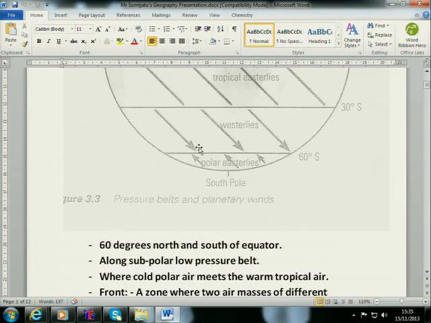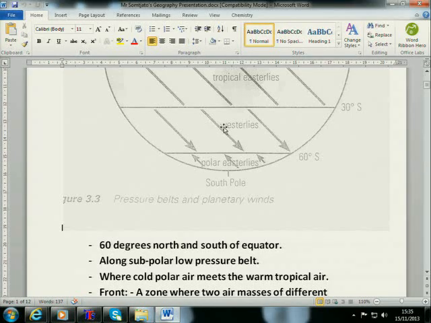This is where the two air masses with different temperatures meet. We have the cold polar air, the air from the South Pole, which is the polar easterlies. This air is colder than the air from the subtropical high pressure belt, which is called the westerlies.